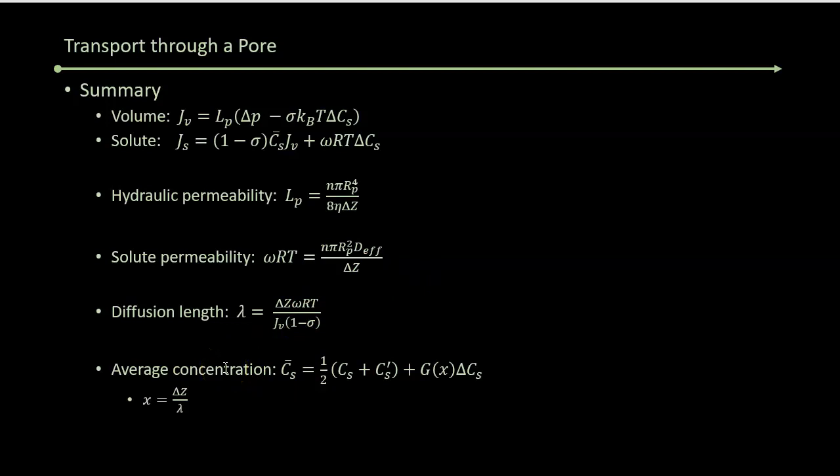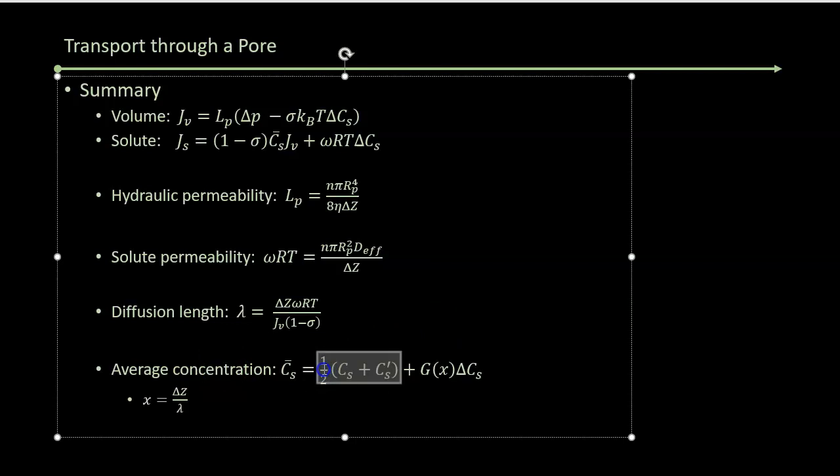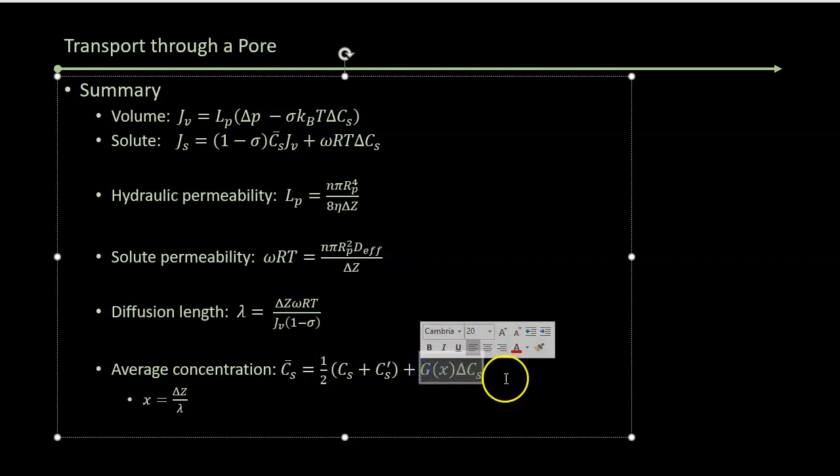The average concentration is this term that you would expect, which is just the linear combination of the two concentrations on either side divided by 2. And this other term, if you want to look up what g of x is, you can. G of x depends on the details of the characteristic length, right?